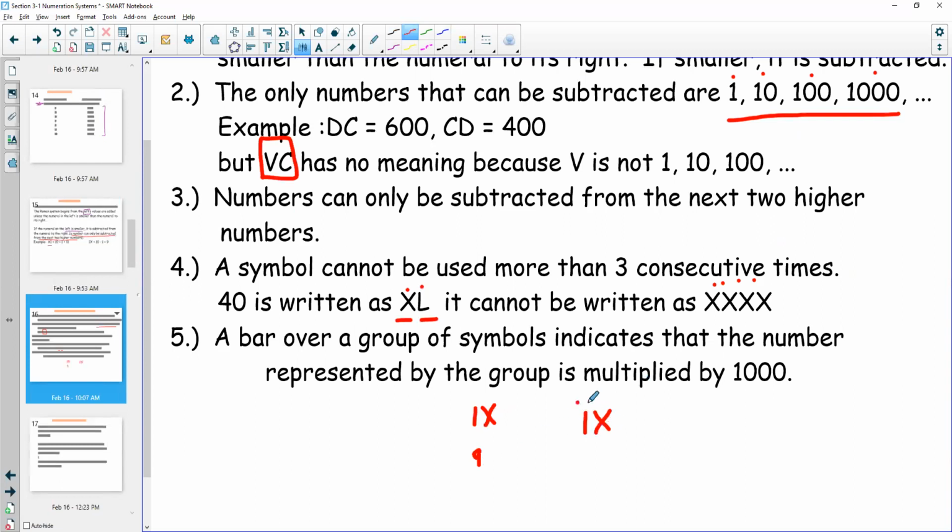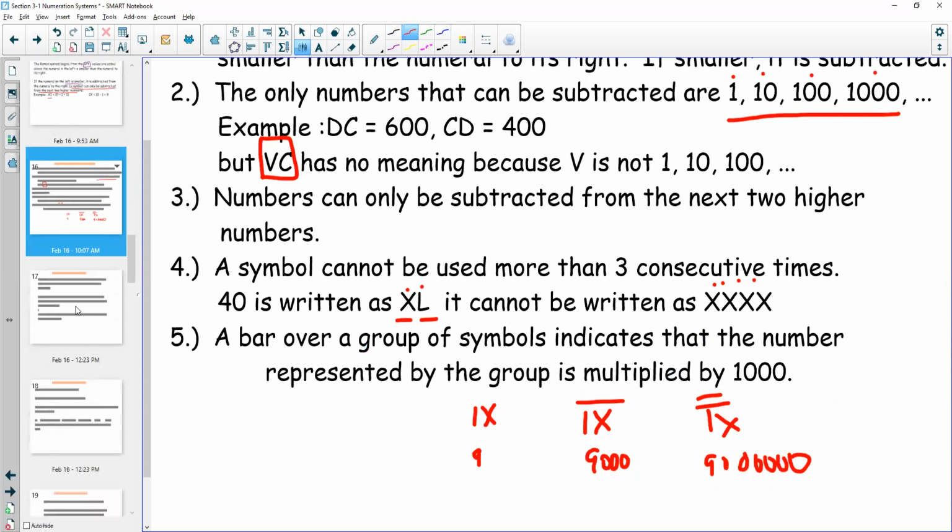If I have IX with a bar over it like that, it would be 9,000. And this actually compounds. So if I had IX with 2 bars over it, it'd be 9 million. Okay, you can have as many bars as you want. That's how they got big numbers.